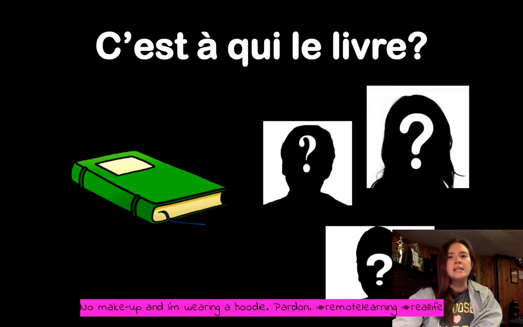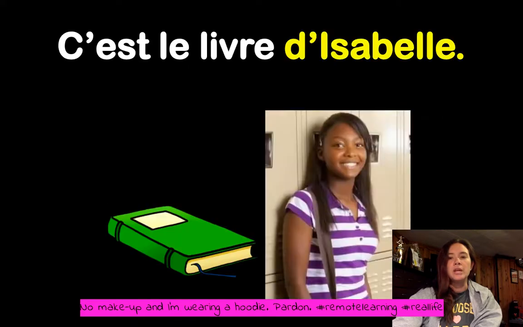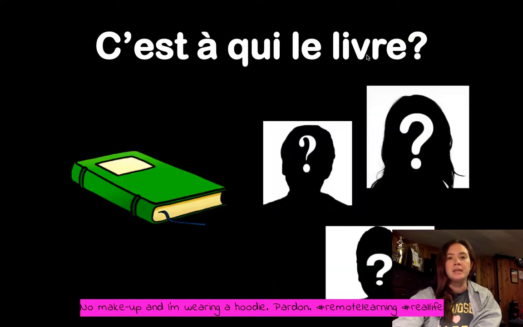Okay, c'est à qui le livre? So in English, what is this question asking? You're supposed to be guessing in your head. Whose book is it? Okay, so the way you would formulate your answer would be, c'est le livre d'Isabelle. So in English, the direct translation would be, it is the book of Isabelle.